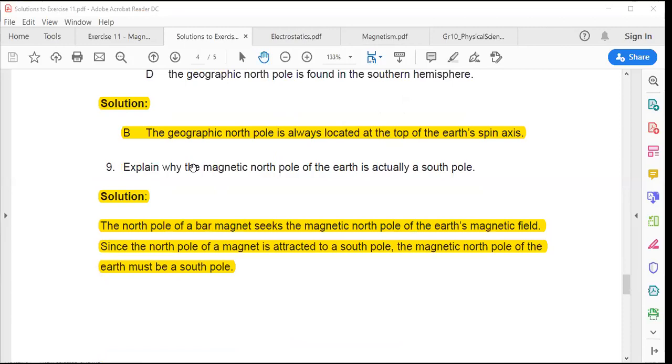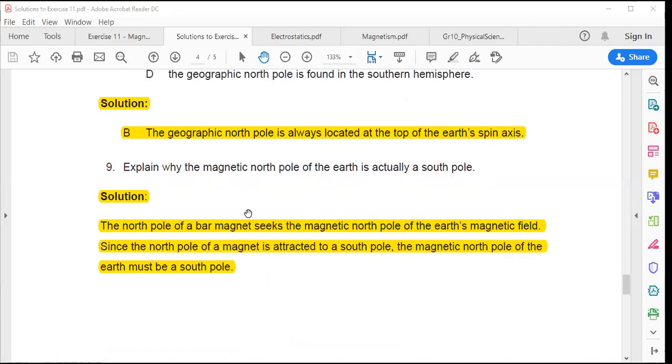Right, then number 9: explain why the magnetic north pole of the Earth is actually a south pole. Now we talk about what is under the ground. The north pole of a bar magnet seeks the magnetic north pole of the Earth's magnetic field. Since the north pole of a magnet is attracted to the south pole, the magnetic north pole of the Earth must be a south pole.